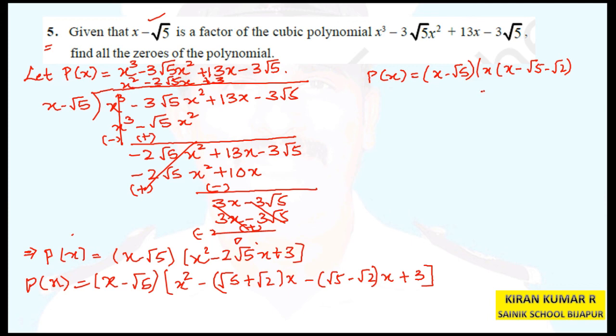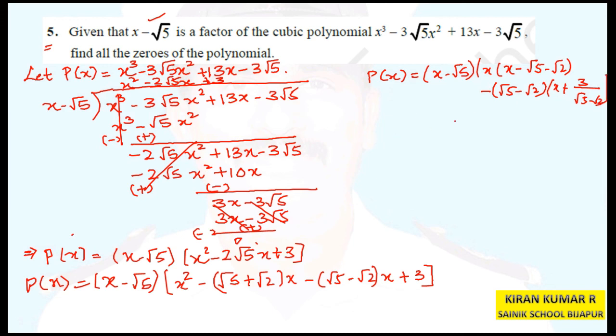Now take root 5 minus root 2 as common. I'll be putting x plus 3 times, 3 divided by root 5 minus root 2.